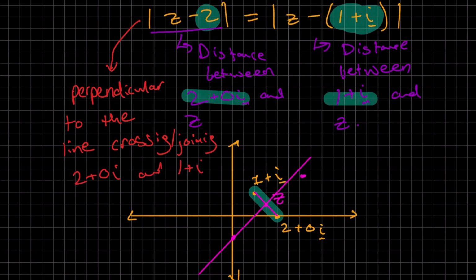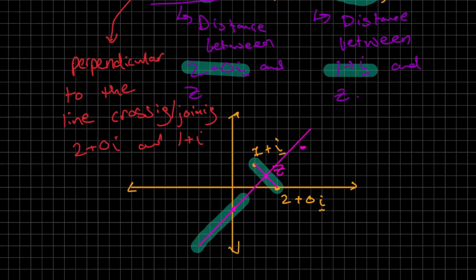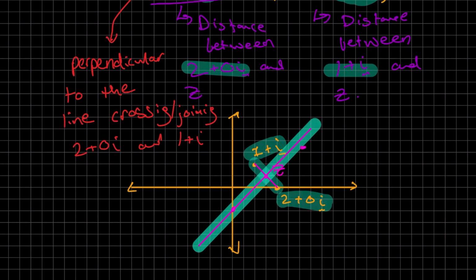So again, let's go through this once more. The equation of this subset of the complex plane, so this line over here, would be a line that is perpendicular to the line connecting 1 plus i and 2 plus 0i.